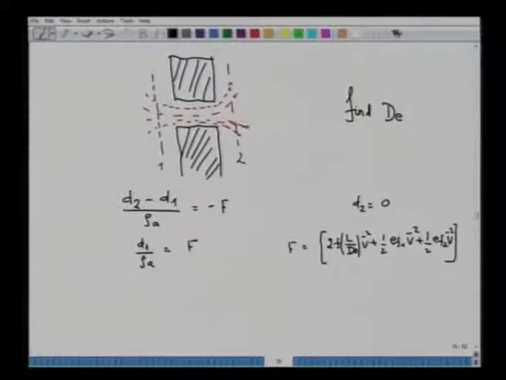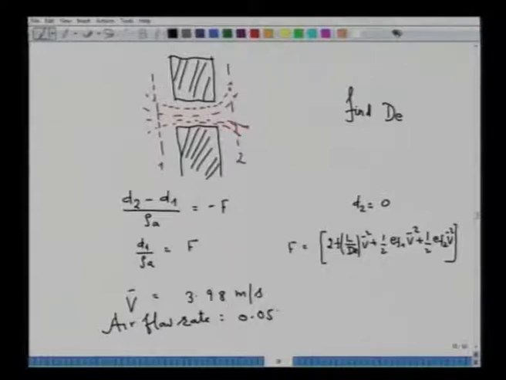If you substitute all these values, V bar comes out to be 3.98 meter per second, and the air flow rate comes out to be 0.0597 meter cube per second.